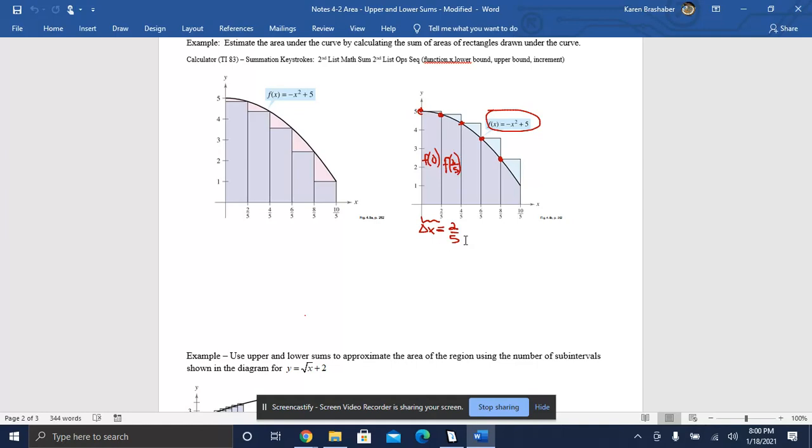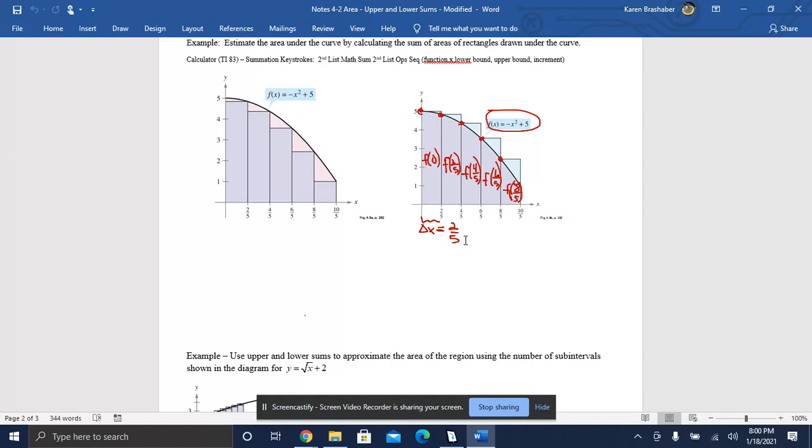And then my next one is f of 4/5. And then f of 6/5. And finally f of 8/5. So essentially, what I did was I backed up 1 unit for each one of these.